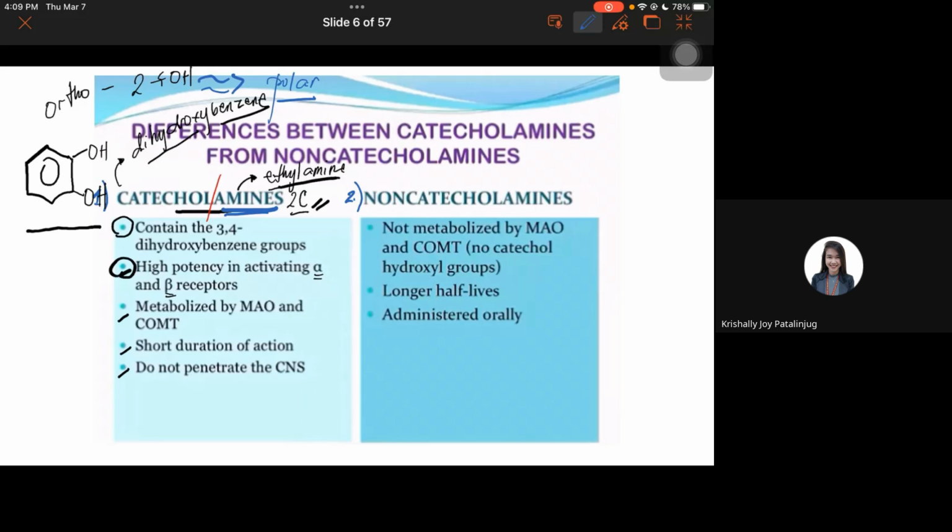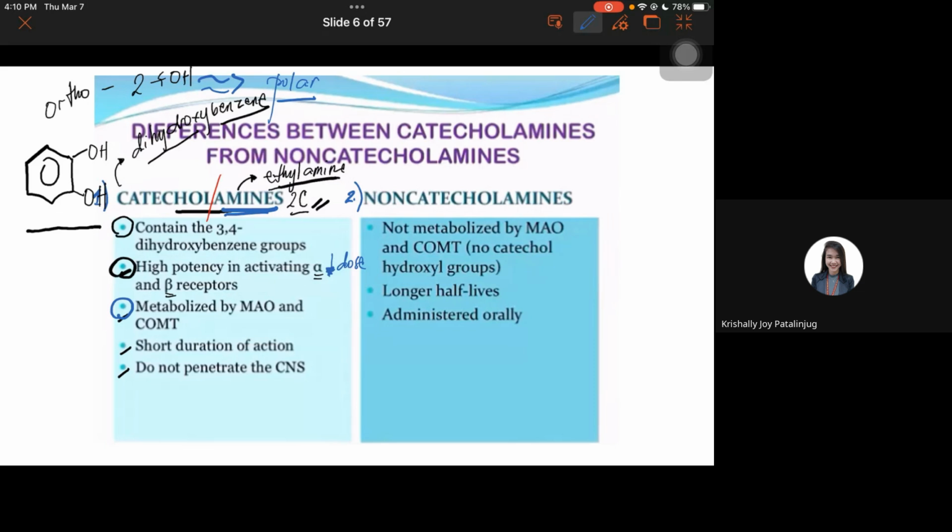Ibig sabihin, di ba pag potent, it only requires low concentration or low dose for it to produce an effect. Okay? Kaya nakalagay dyan, highly potent sila. Konti lang na dose concentration, they are powerful enough to activate already alpha and beta receptors. Okay? Sige.